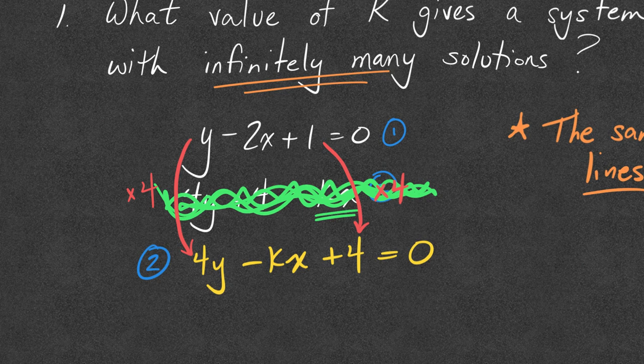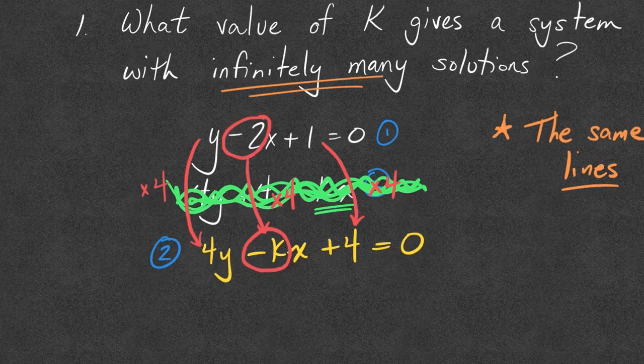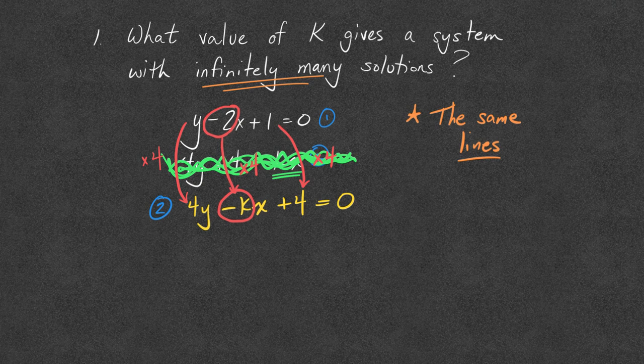So what that tells me then is the number out in front of that x must also have been multiplied by 4 to give you the number out in front of that x. So if I zoom back out, that allows me to draw the conclusion then that therefore -2 times 4 has to give me -k.